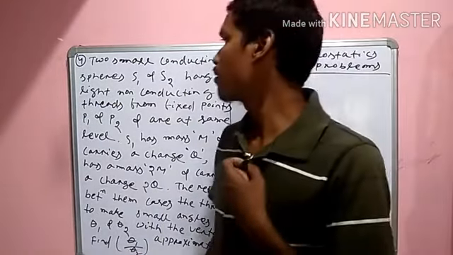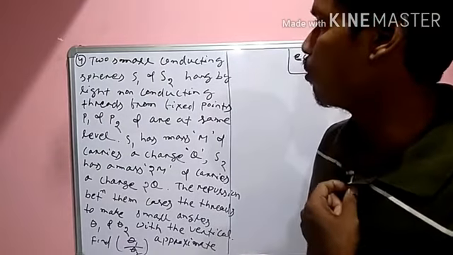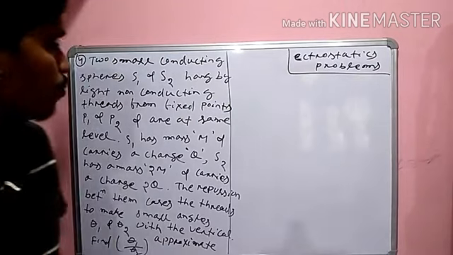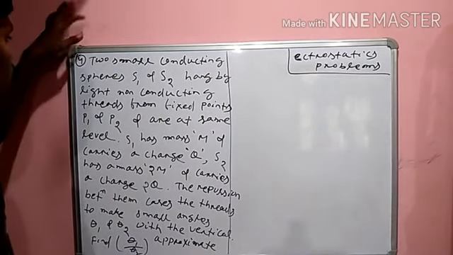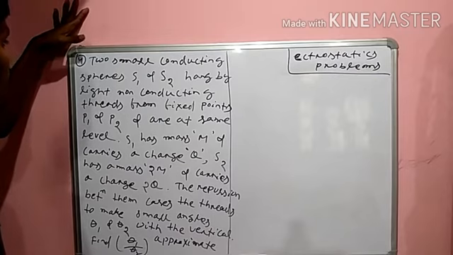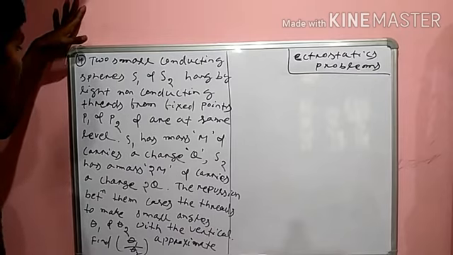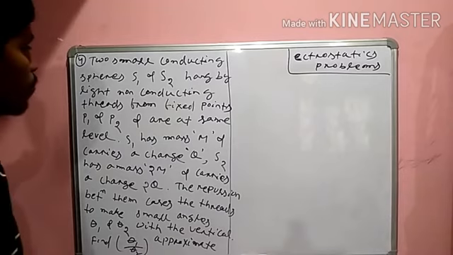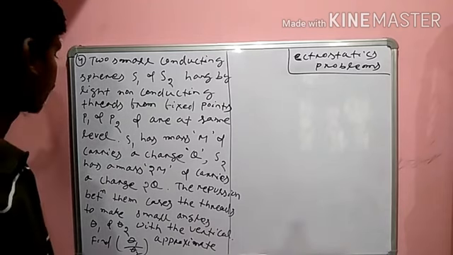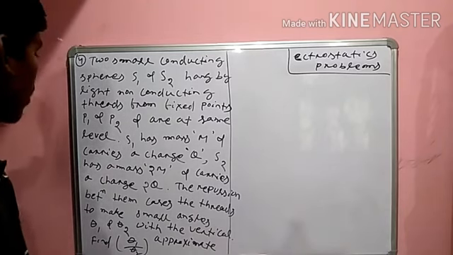So, in your KP books, you can follow the one question in doubt. Listen. The question given is: two small conducting spheres S1 and S2 hang by light non-conducting threads from fixed points P1 and P2 and are at the same level.